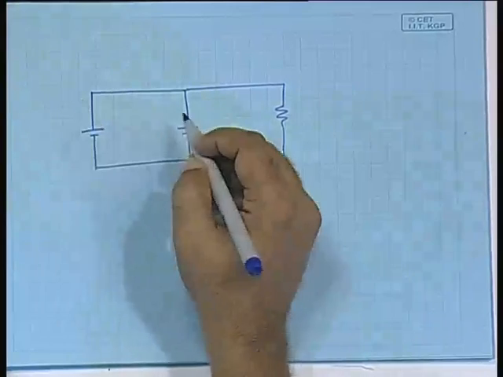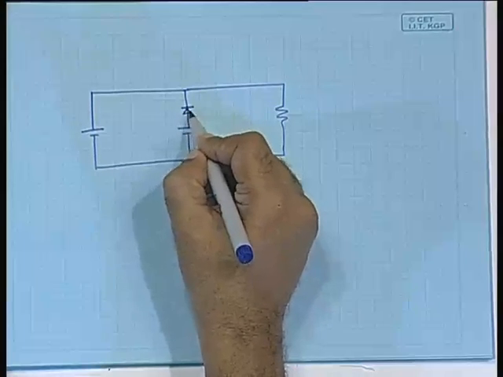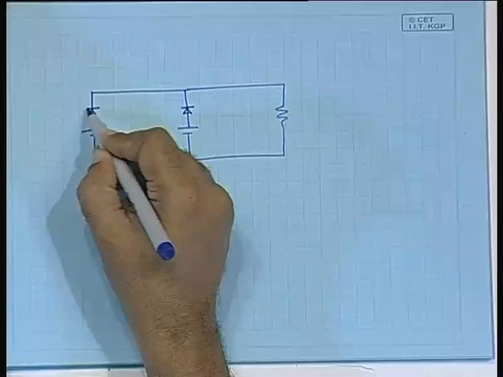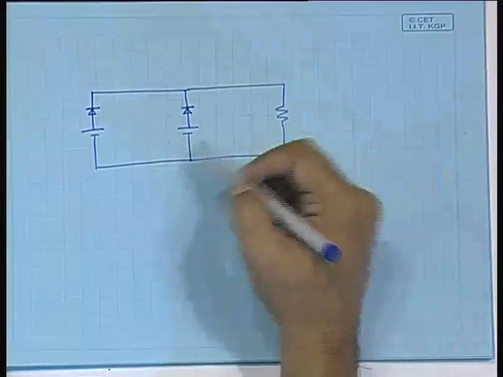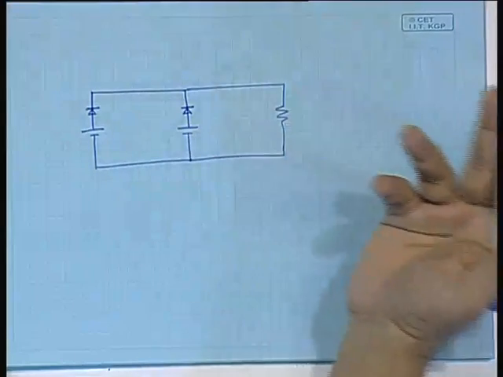So, one has to avoid the flow of circulating current into panels, and that also can be avoided by providing, suppose this is the current direction, this is the current direction. If you provide diodes like this, then obviously the flow of the circulating current can be avoided.